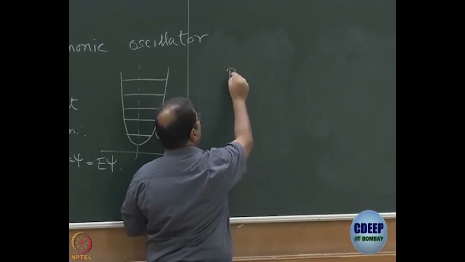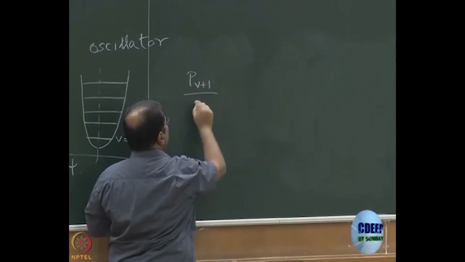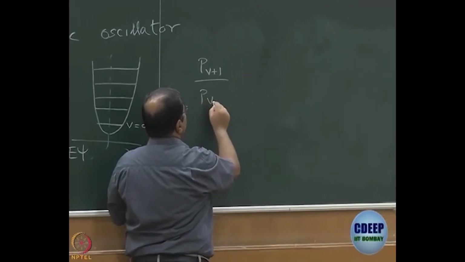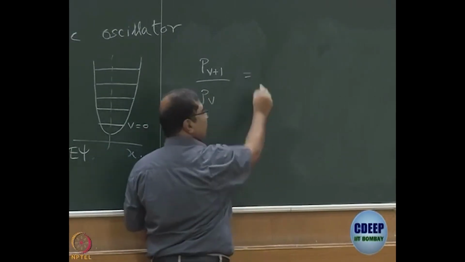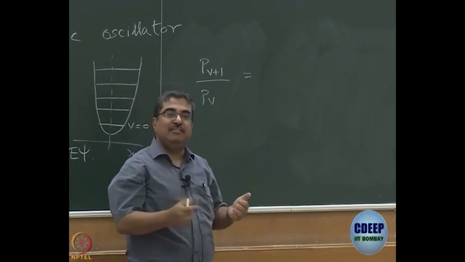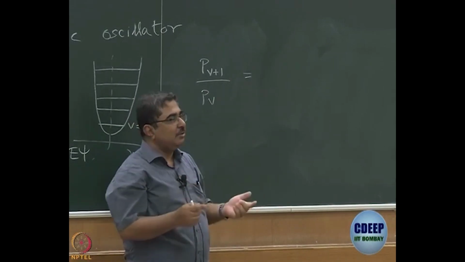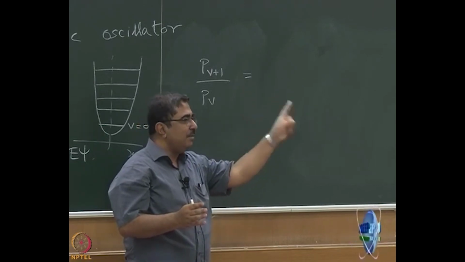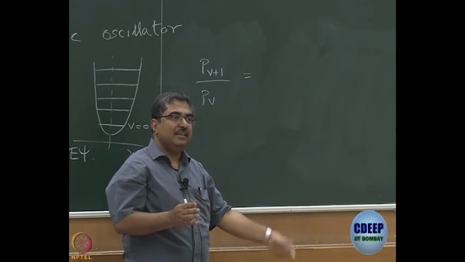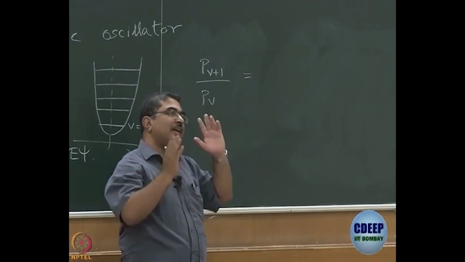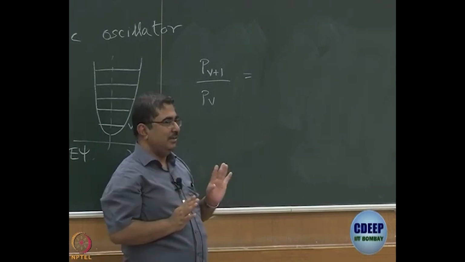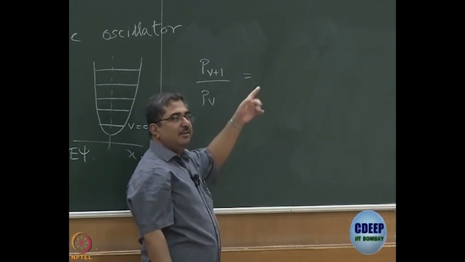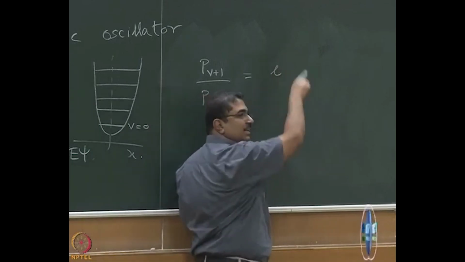Using Boltzmann distribution, P V, what would that be equal to? Now degeneracy of each of these levels is actually 1. In case of rigid rotor, you had degeneracy of 2J plus 1 because the same angular momentum vector could have been pointed in different directions. Here there is no such thing. So degeneracy of every vibrational level is 1 and only 1. So degeneracy factor is 1 and then you have Boltzmann factor, what is that? E to the power minus delta E by kT, right.